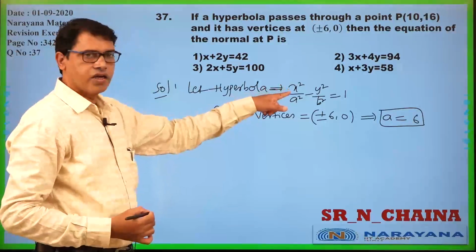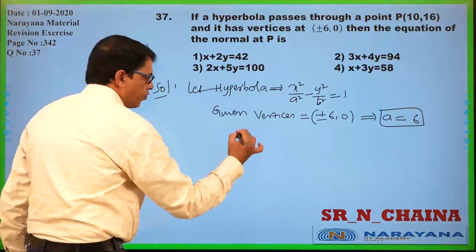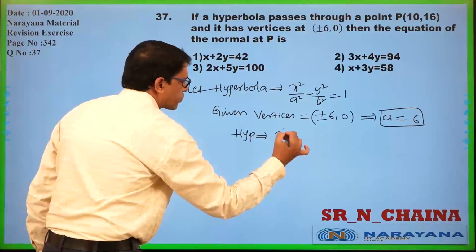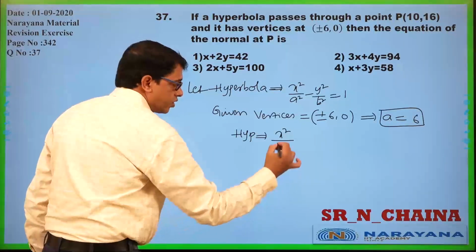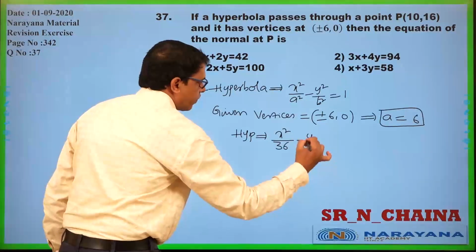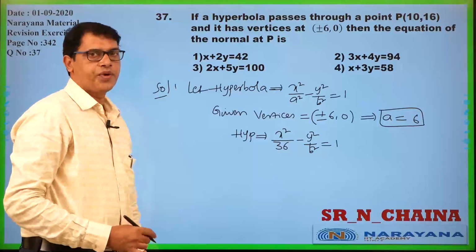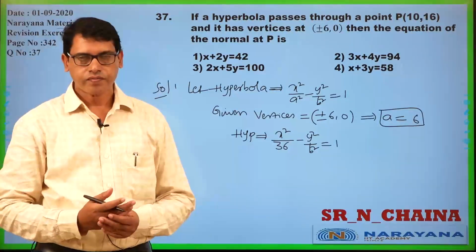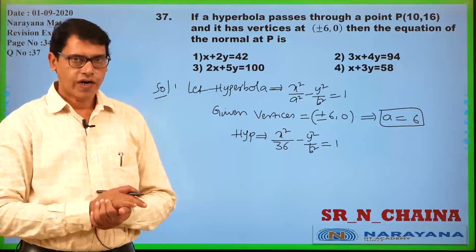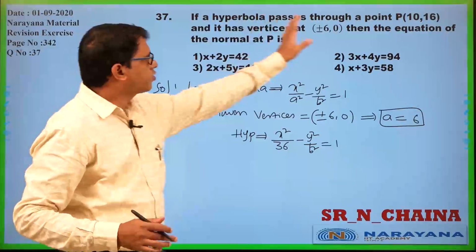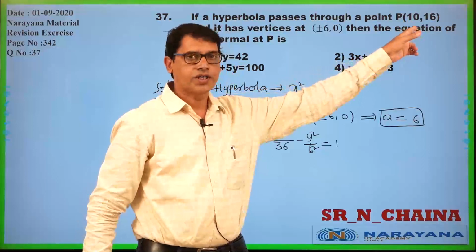Apply it in the hyperbola: x square upon 36 minus y square by b square equals 1. So b square is still the unknown value. To find the b value, the given hint is that it is passing through the point (10, 16).